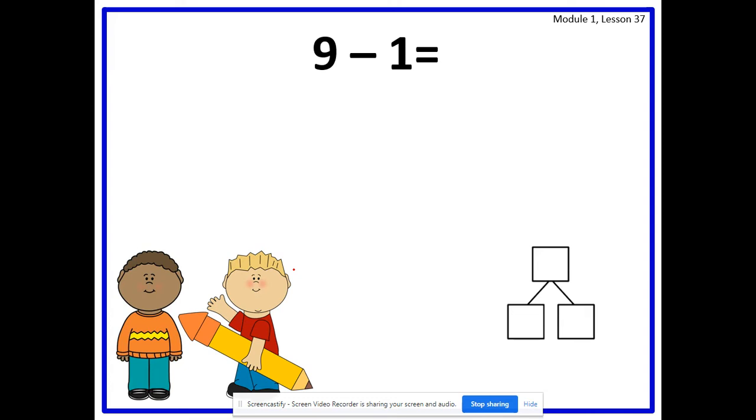Press play when you're ready to continue. Step 2 says, cross off part given. So go ahead and cross off the part they show you or they give you.